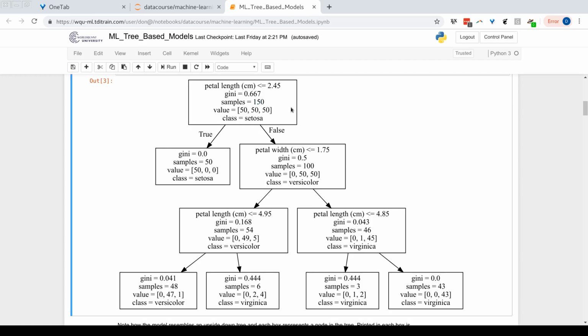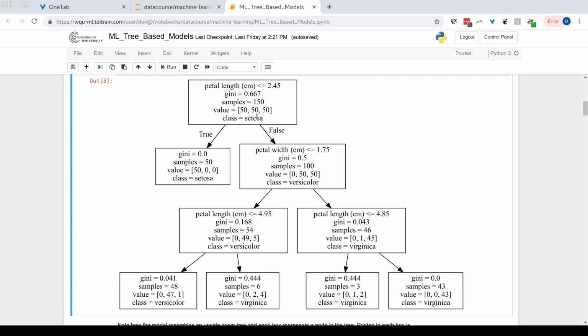The samples just refer to how many observations reside in this node. Since we're using the full data set of 150 observations, all our observations start here. Value just tells you how many occurrences there are of each class. We have a 3-class situation, equally distributed, so 50 observations for each of the 3 classes.